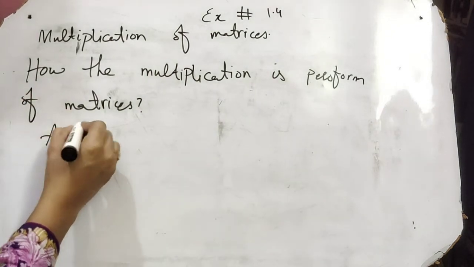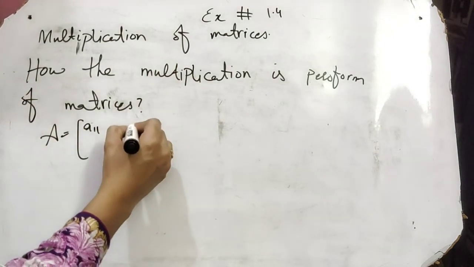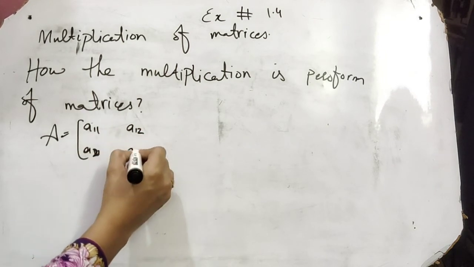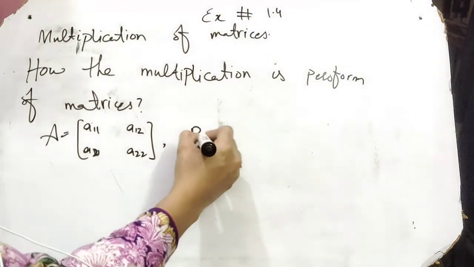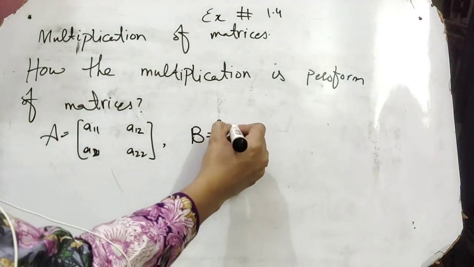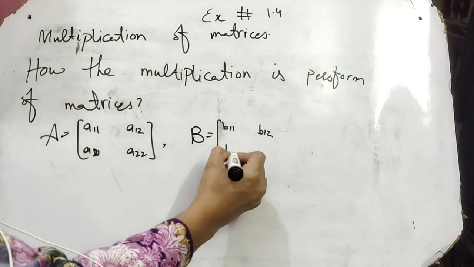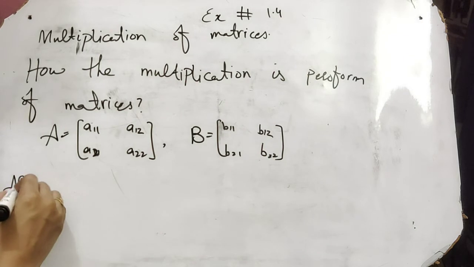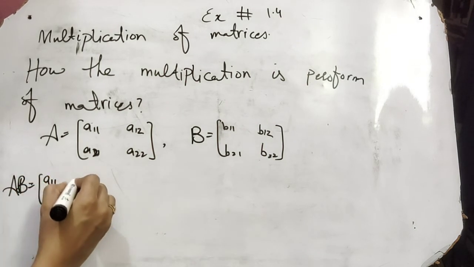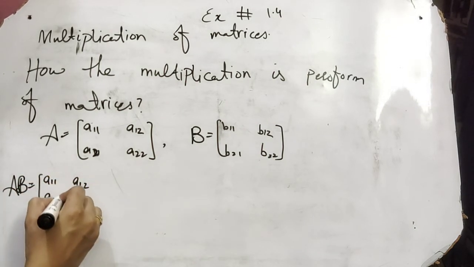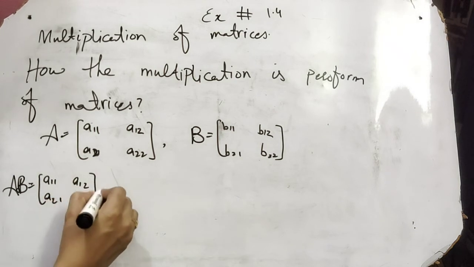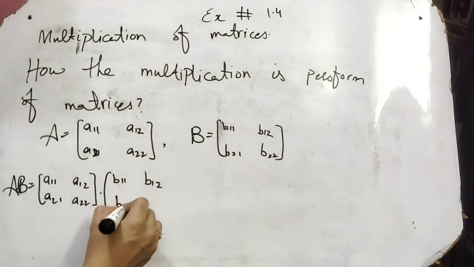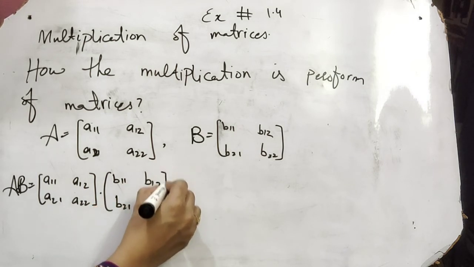It means if A is equal to A11, A12, A21, A22 and B is equal to B11, B12, B21, B22, then AB will be A11, A12, A21, A22 times B11, B12, B21 and B22.